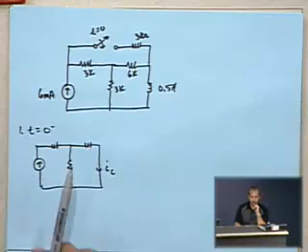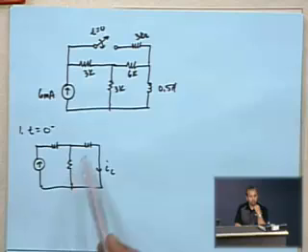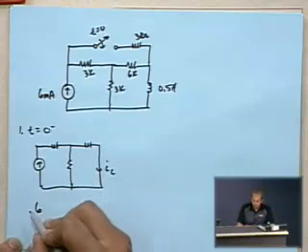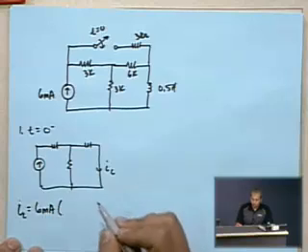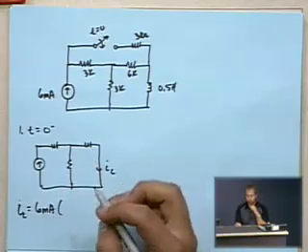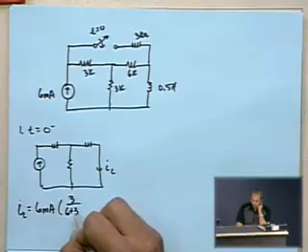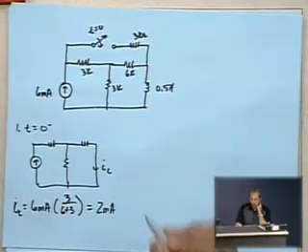It doesn't matter that this resistor is here because that current has to go through there and then will divide between these 2 branches. There's 6 milliamps of current coming through, and you take the other branch of the circuit than the one you're interested in, so that's the 3K on top over 6 plus 3, these 2 resistors, which gives you an initial current through the inductor of 2 milliamps.